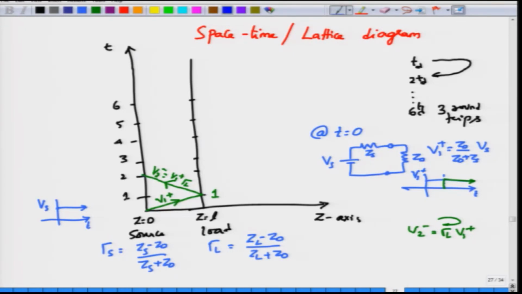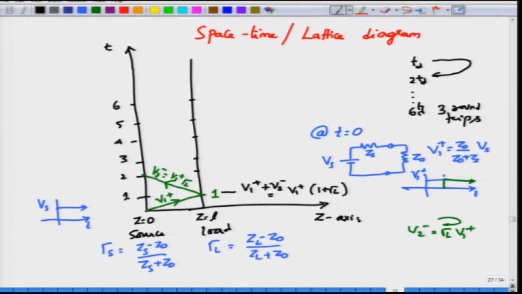So, you now have a V2 minus. What would be the total voltage that you would see at the load at t equal to Td? You would see V1 plus plus V2 minus, which is V1 plus into (1 plus gamma L), and this 1 plus gamma L is called the transmission coefficient.